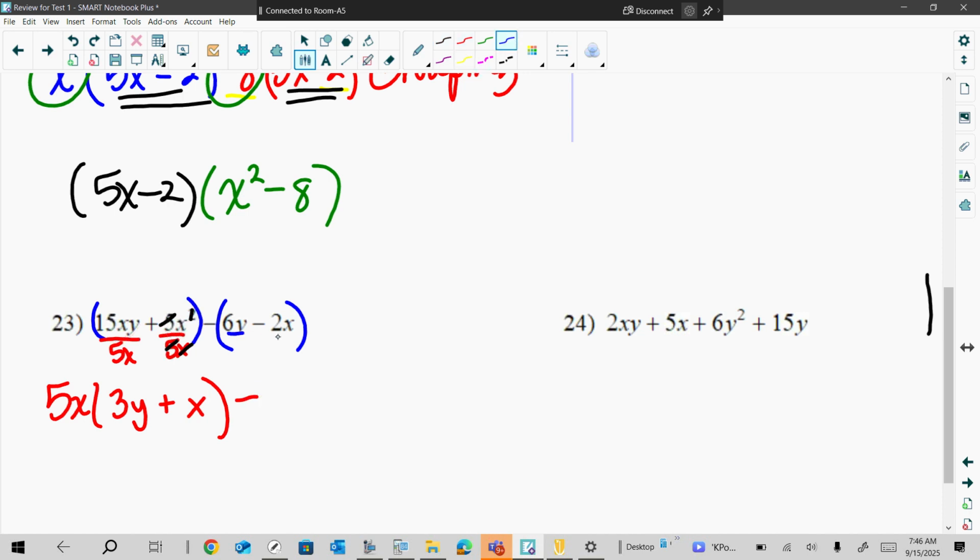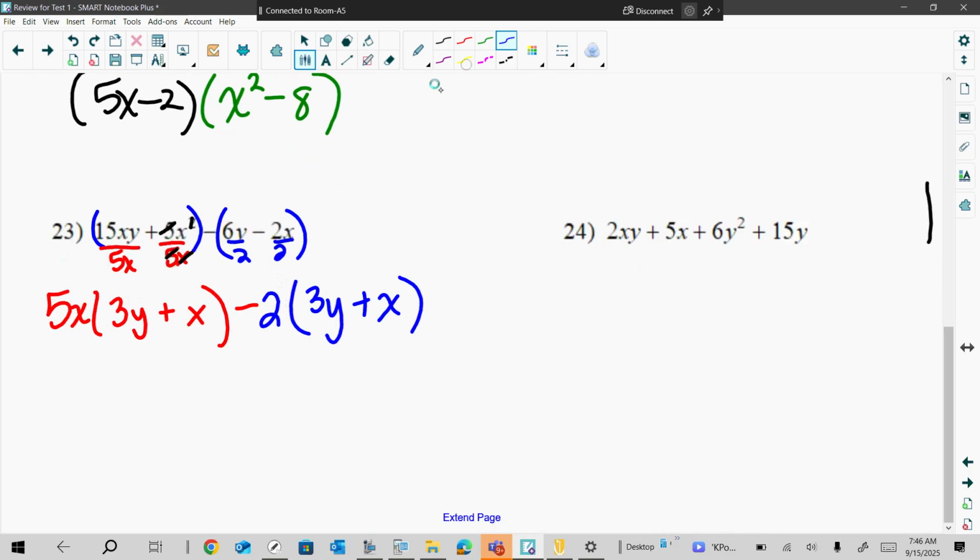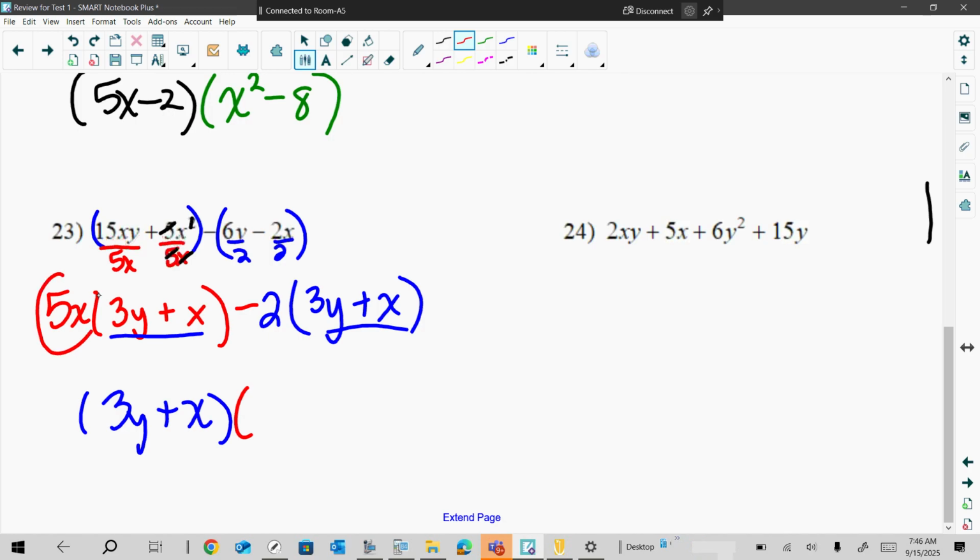In the next grouping here, they have a 2 in common, so minus 2, leaving me with a 3y plus x. There's your common binomial, 3y plus x. The other factor is the GCFs. So 5x minus 2.